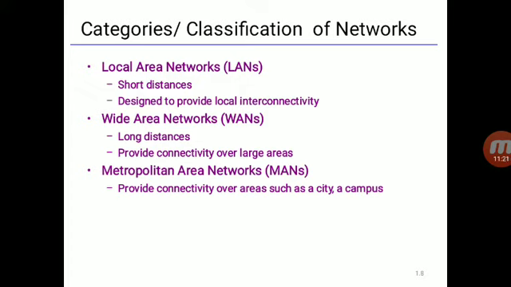And again, the connectivity of such campuses and such connectivity within the city, we may call it metropolitan. And if your office is in different continents, we can call it a WAN.